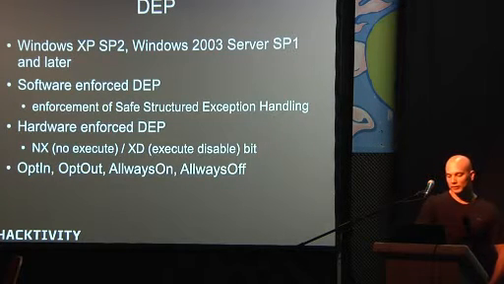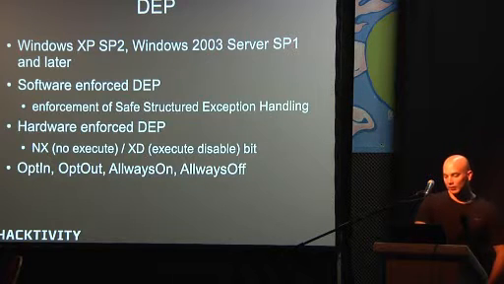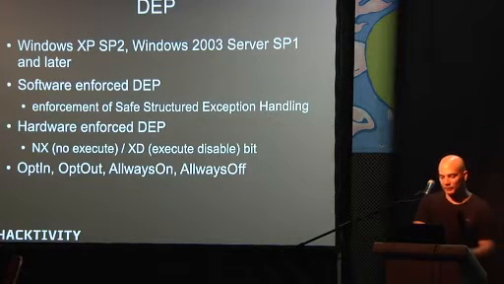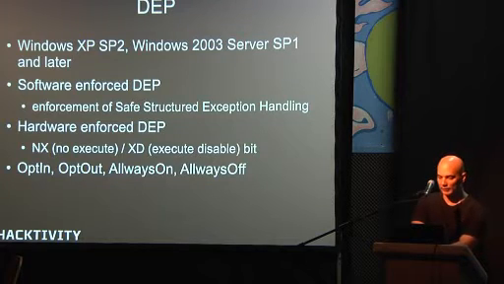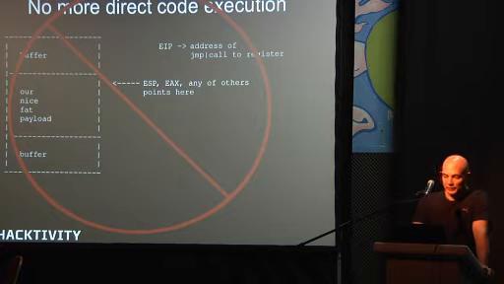Opt-out means the opposite. If we want an exception because the application is not DEP compatible, we can define an exception rule. Always on means that DEP restriction will always be valid, and always off just means disabled full time.